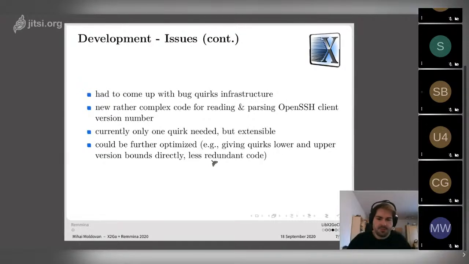Now, I could optimize it further, but I didn't have time for that because I also had to write up the whole master connection thingy. So that's something for later, maybe.